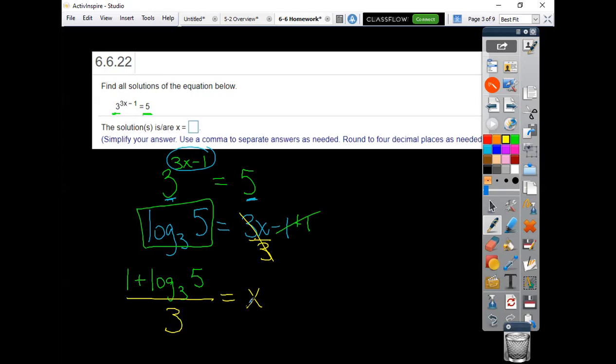In this case, looks like they want us to evaluate it out because it says round to 4 decimal places. So for me, in this case, and because all of you have a computer, if you don't have a calculator that'll do that log base 3 of 5, just jump on over to Desmos. Or if you like to use a different online calculator, I just like the Desmos.